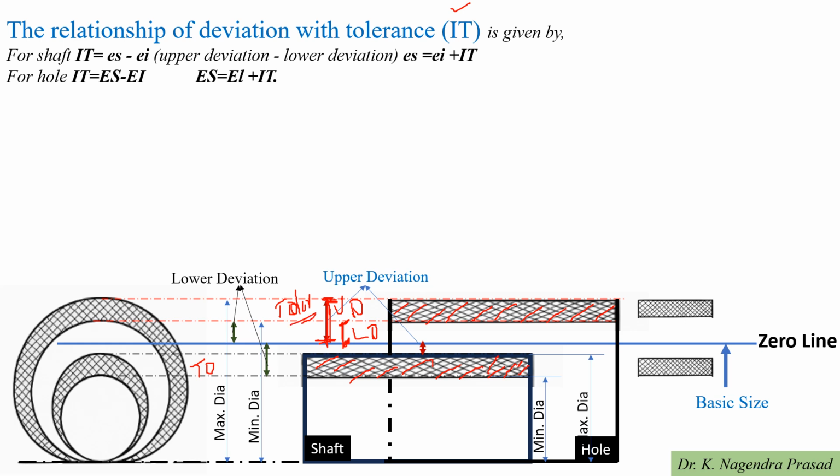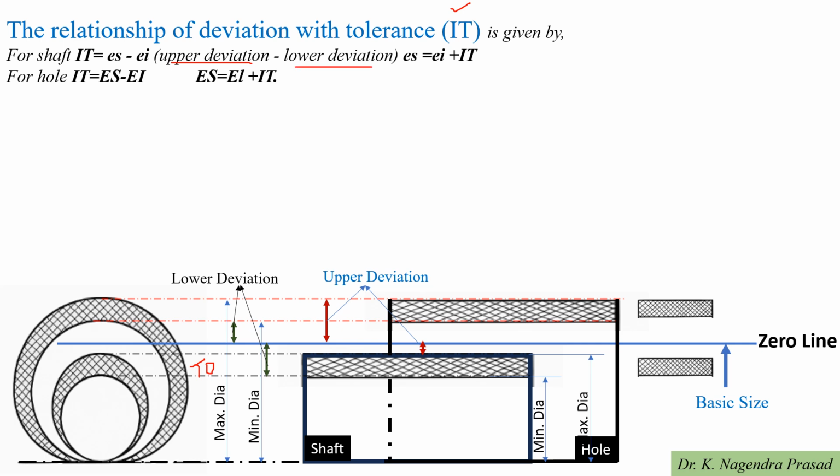How will we get the tolerance? Upper deviation minus lower deviation we are calling the tolerance. So the relationship is tolerance equal to upper deviation minus lower deviation.